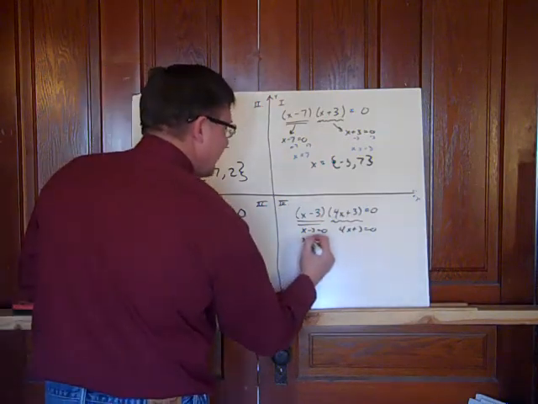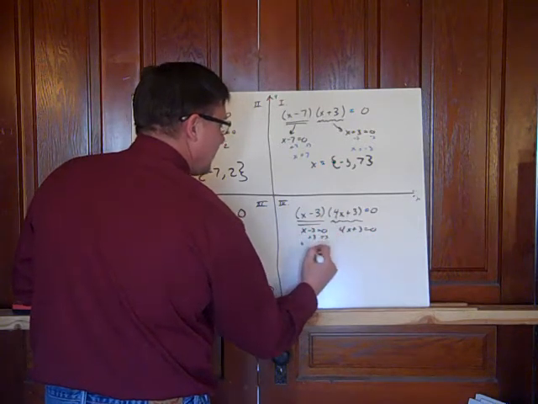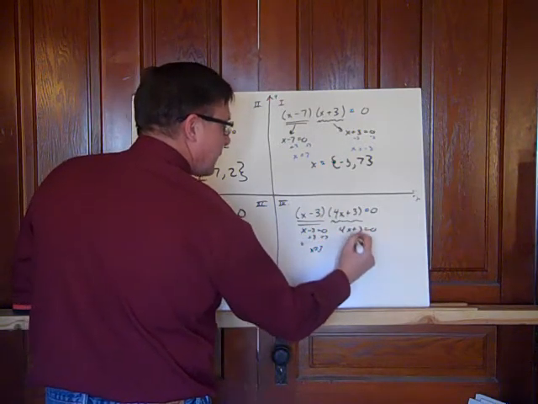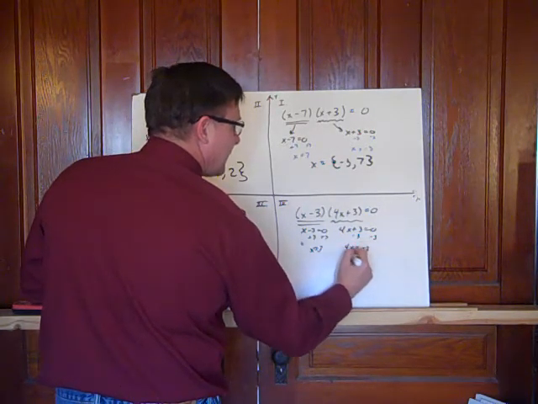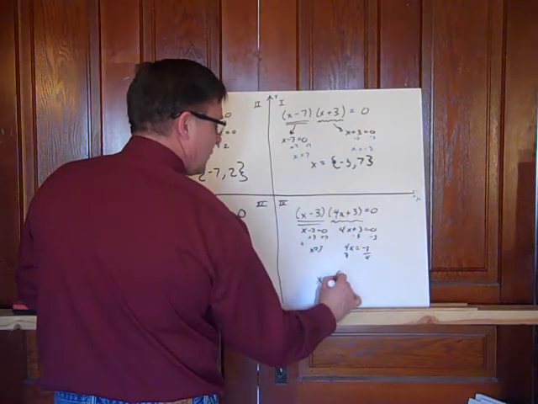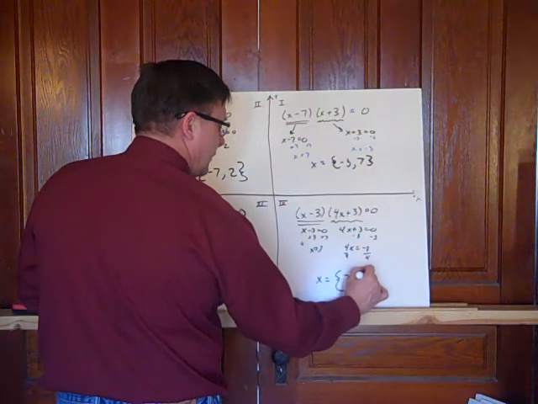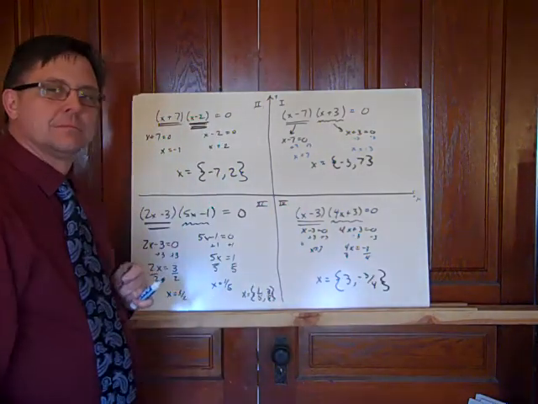I do agree in this case, when you add 3 to both sides, you do get +3, but you do not get -3 for the other one. You get 4x equals -3, and you get -3/4. So x equals, and just to show you can write them either way, I'll do it that way.